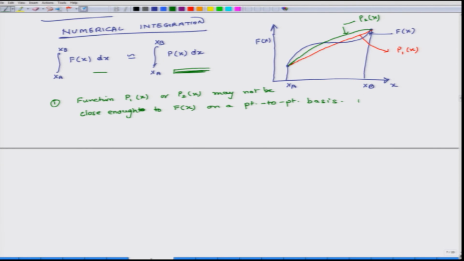But the overall integral may be close, because positive errors may cancel out negative errors.